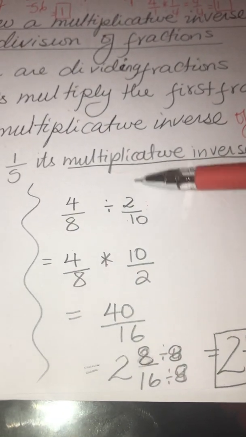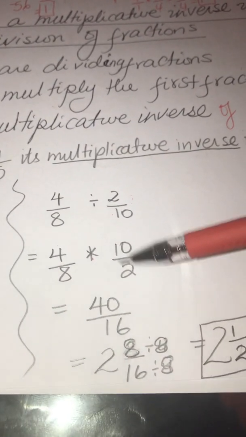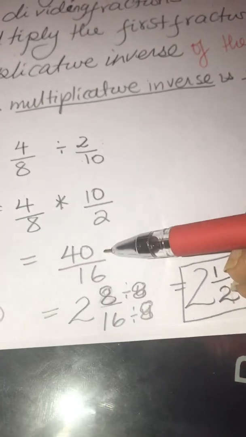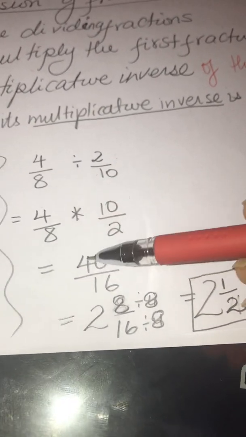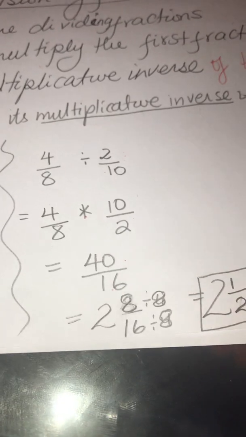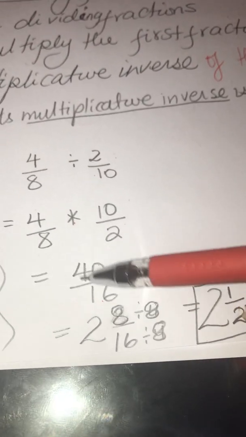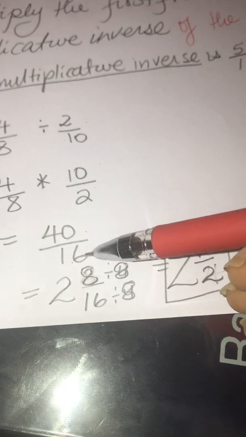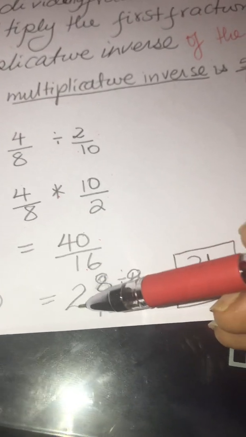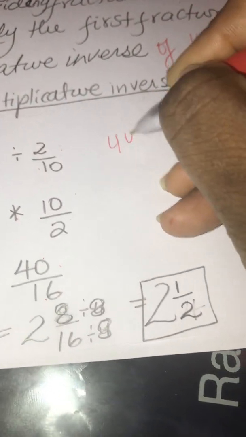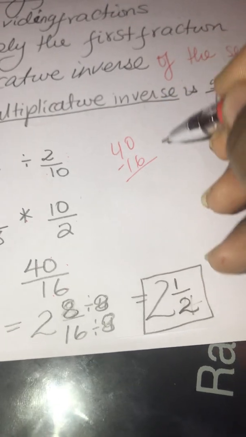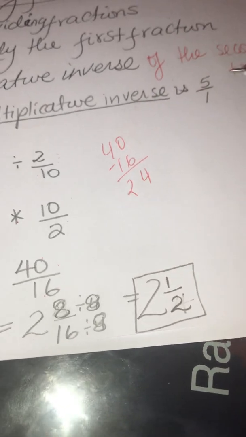So 2 out of 10, and then you flip it, you get 10 out of 2. And there, 4 times 10 is 40, 8 times 2 is 16. Then you convert this improper fraction to a mixed number. How many 16s are in 40? 2. How do I know? 40 minus 16 is 24.